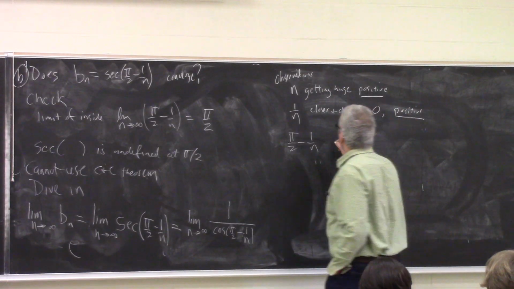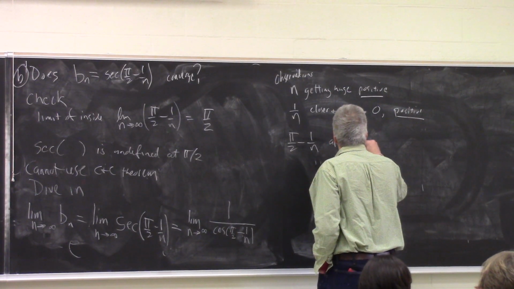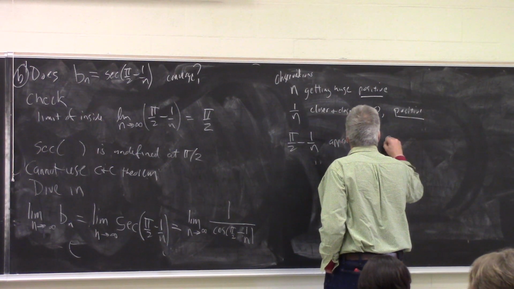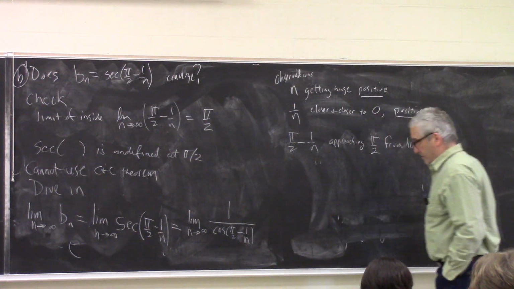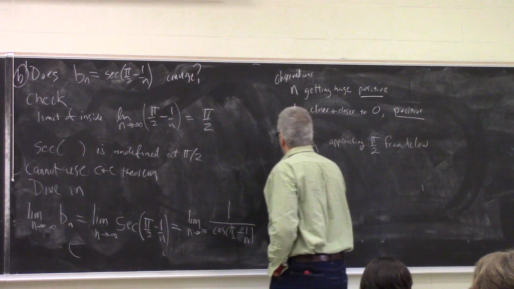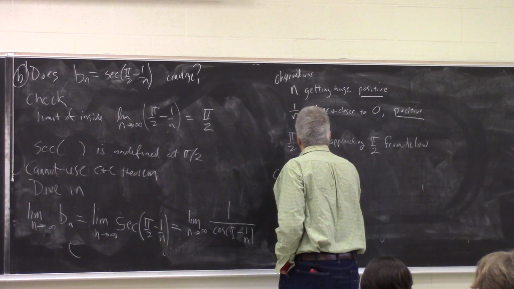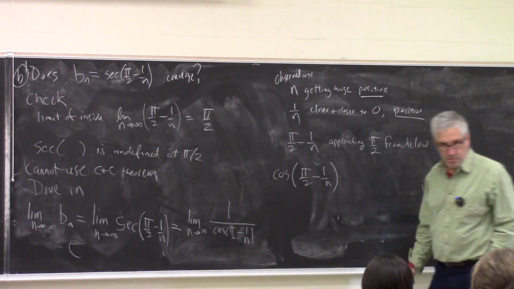So this is approaching pi over 2 from below. So what's happening to cosine of pi over 2 minus 1 over n? What's happening with that?